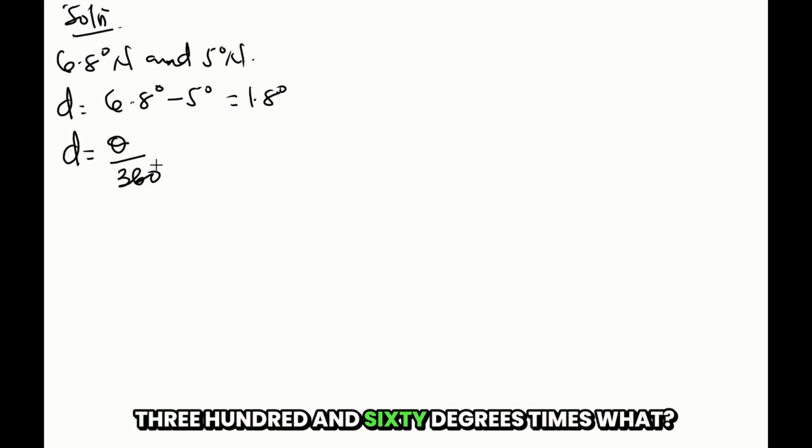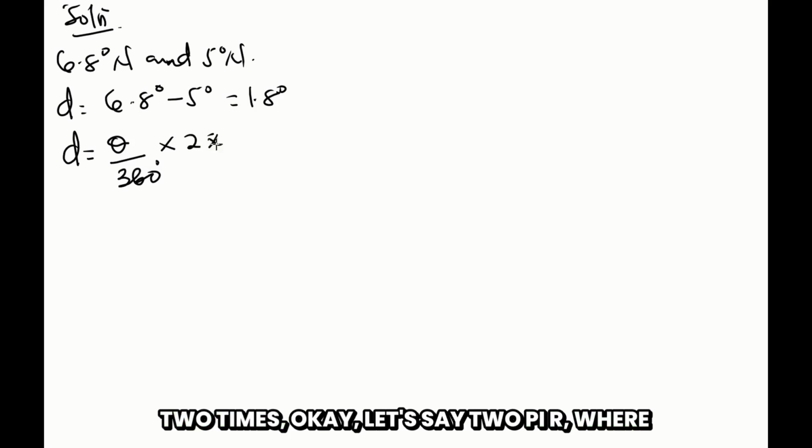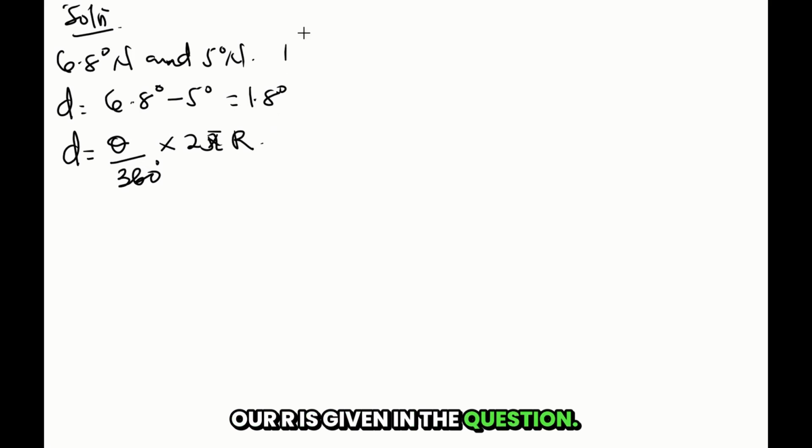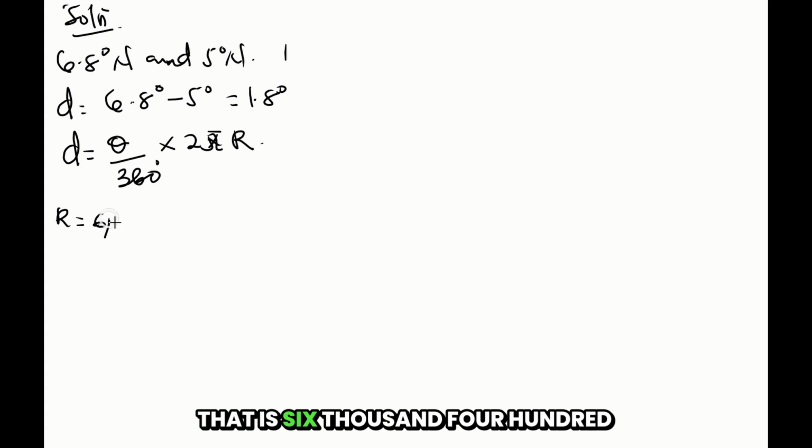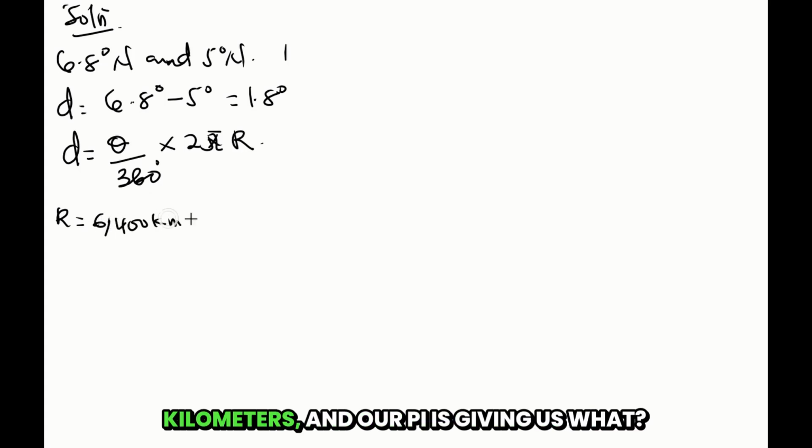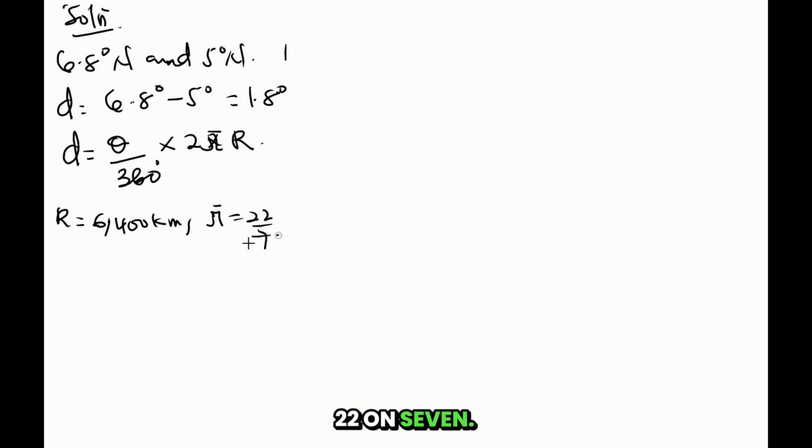Now that we have gotten this angle, what we now do is put it in the distance formula, which is theta over 360 degrees times 2 pi r, where our r is given in the question. Our r is 6,400 kilometers, and our pi is 22 on 7.